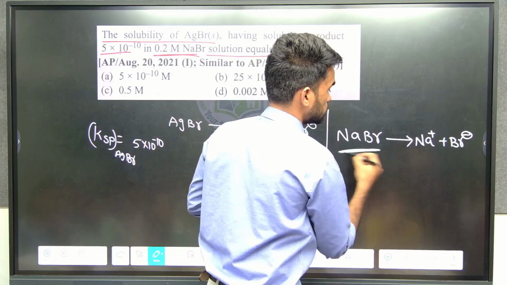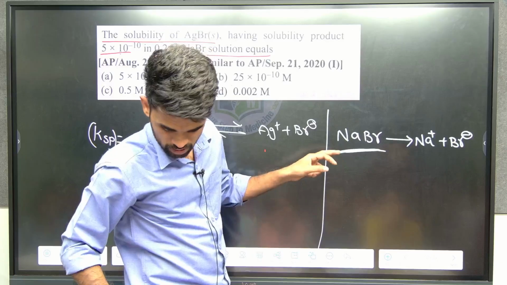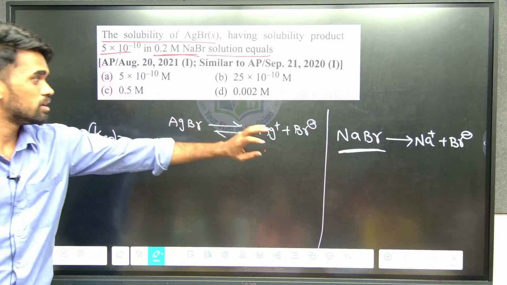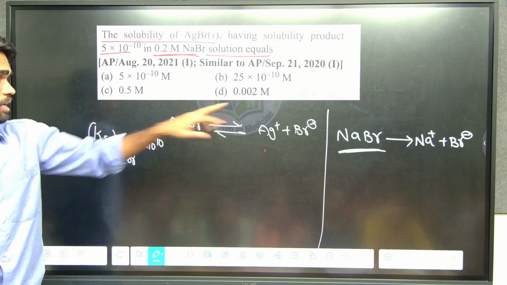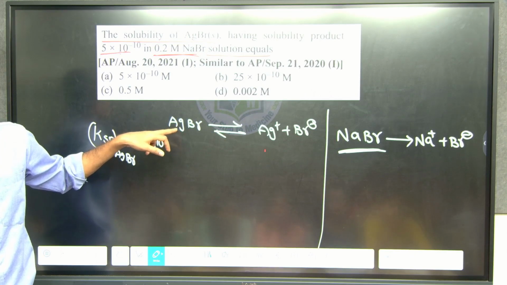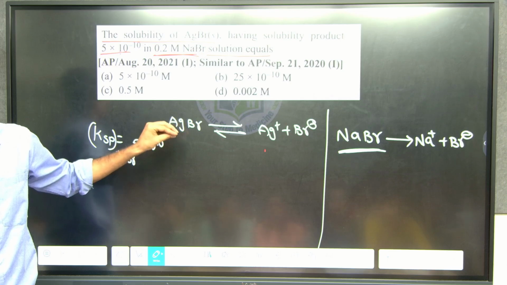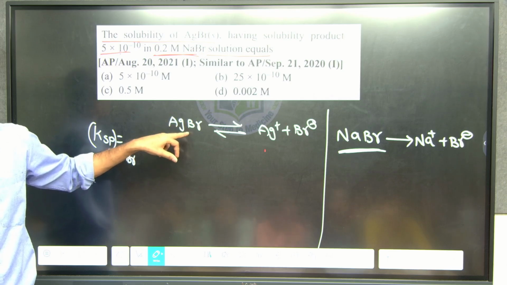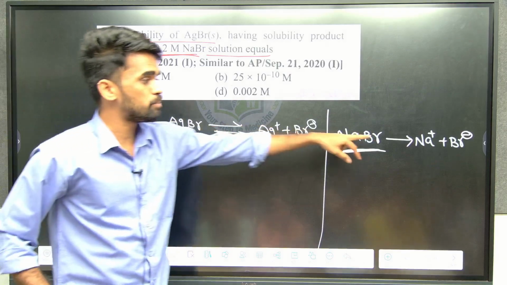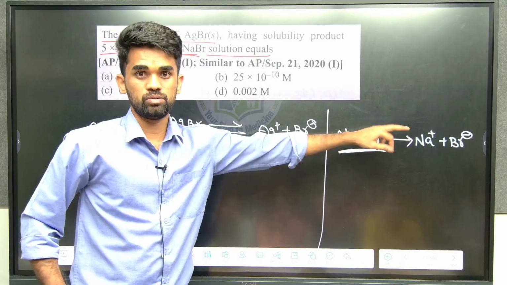NaBr, see, alkali metals. So just remember, these are covalent salts, these are weak electrolytes, sparingly soluble salts these are. Okay, that's why I am representing this with an equilibrium symbol. Here I am representing a complete arrow, one-sided arrow.